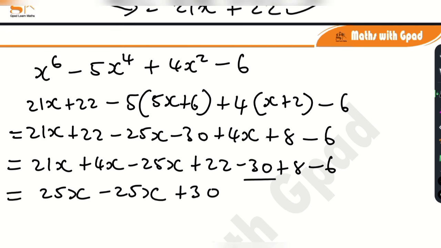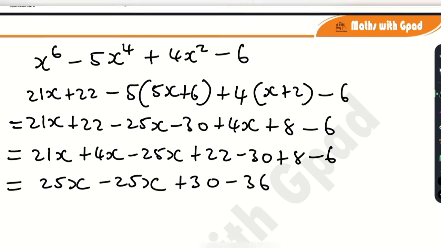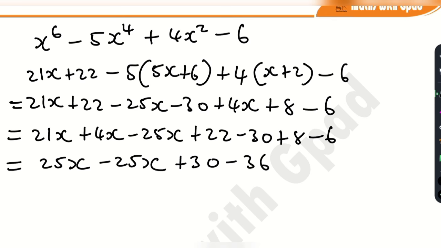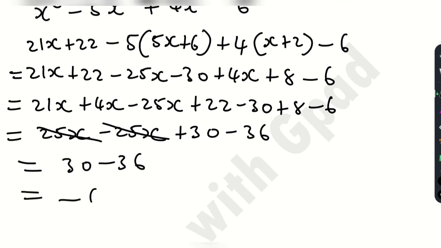And minus 30 minus 6 is minus 36. All right. 25x cancels minus 25x. So what do you have left? You have 30 minus 36. And what is 30 minus 36? Isn't that minus 6 as we got earlier? So you see, whatever method you want to use, you will always get the same answer.